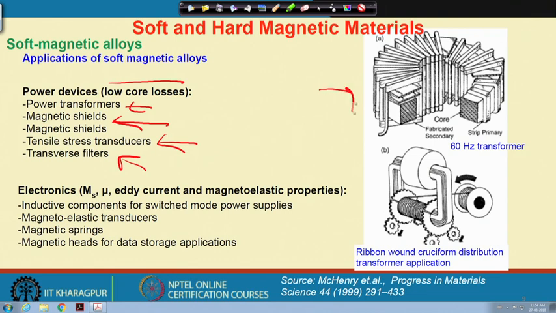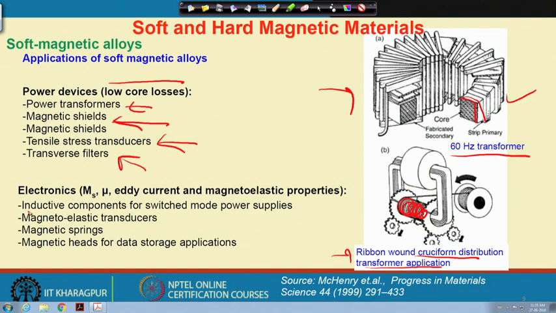So, this is a typical example of such a 60 hertz transformer, where I have the cores and they are placed together, or let us say the ribbon that is wound in a cruciform distribution for a transformer application. Okay. So, here these are the ribbon that is spun or wound, so that we can make such a transformer.